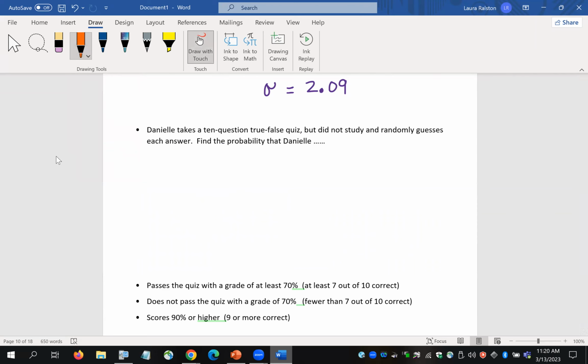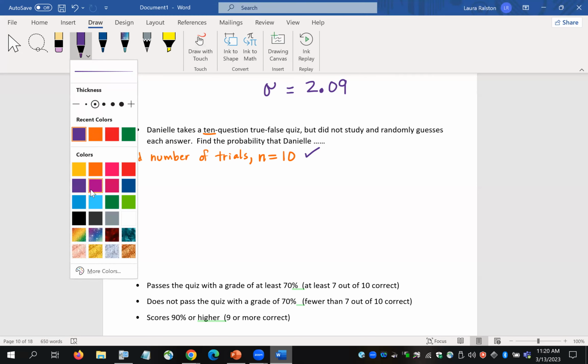Again, the first thing about being a binomial is you need a fixed number of trials, and it tells us that she's going to take a 10-question quiz. So there are 10 outcomes. So I'm good on that one.